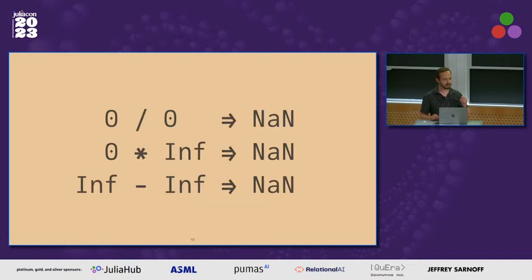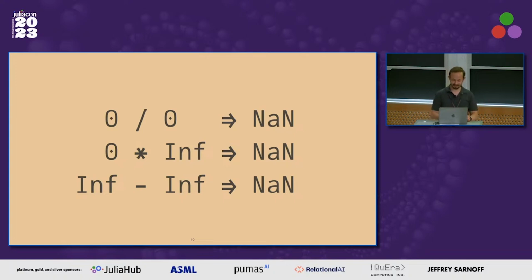NaN arises when there's no clear mathematical answer to your computation, something nonsensical like dividing 0 by 0, or there are some other ways other than these listed here, like taking the square root or logarithm of a negative number. And once a NaN appears, a NaN will propagate, meaning doing some operation with a NaN will result in a NaN. Like if I have 5 and I add it to NaN, I get a NaN out. I don't get NaN 5.